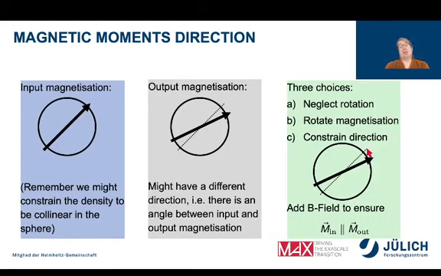There's an angle between the input and the output magnetization in a self-consistency iteration. Then, of course, you have different choices of what to do. You might simply neglect the rotation and therefore artificially constrain this. You might rotate the magnetization direction in each sphere, or you might also constrain the direction by adding a B field to ensure that the input and the output magnetization are actually collinear.